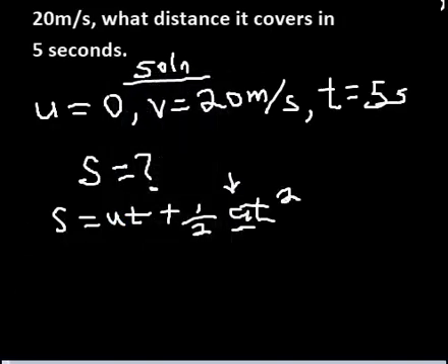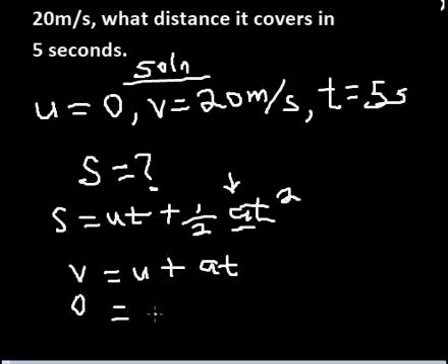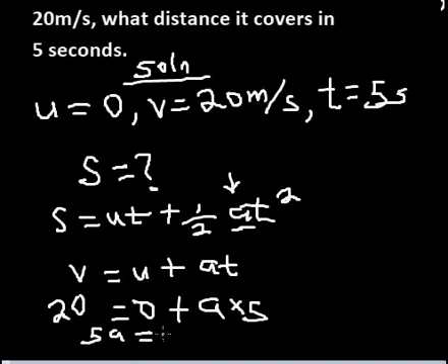From the first equation, you know that v is equal to u plus at, right? So if I put this value here, I have v is equal to 20, u is 0, then plus a, that's what I'm looking for, times t, which is 5. So from the first equation, I will now have to get my a. 5 times a will give me 5a, and 5a plus 0 is 5a, which is equal to 20.